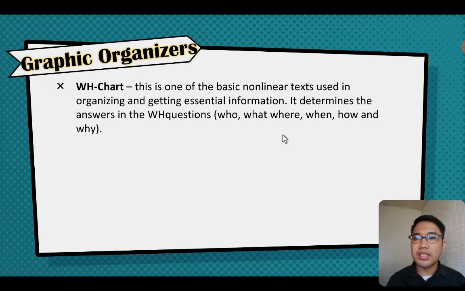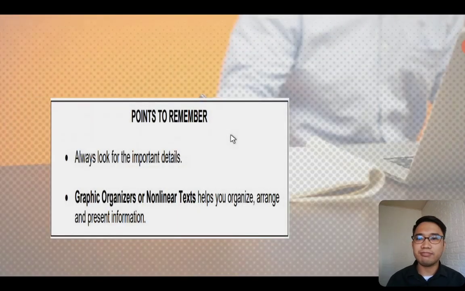Another one is the WH chart. It is called a WH chart because it answers or determines the WH questions such as who, what, where, when, how, and why. This one is one of the basic nonlinear texts used in organizing and getting essential information.